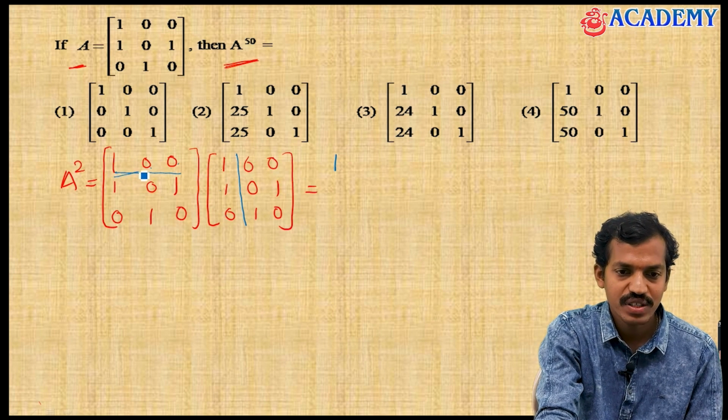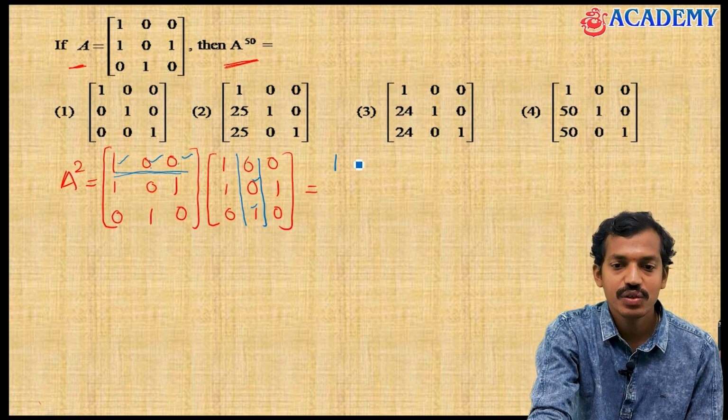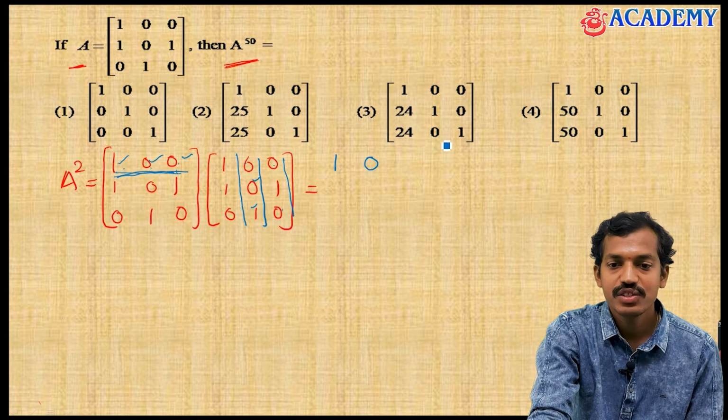Next, the same first row with second column: 1 into 0, next 0 into 0 plus 0, next 0 into 1, 0, so you are going to get 0 here. Next, first row with the third column: 1 into 0, and 0 into 1, and 0 into 0, you are going to get the element 0 here.